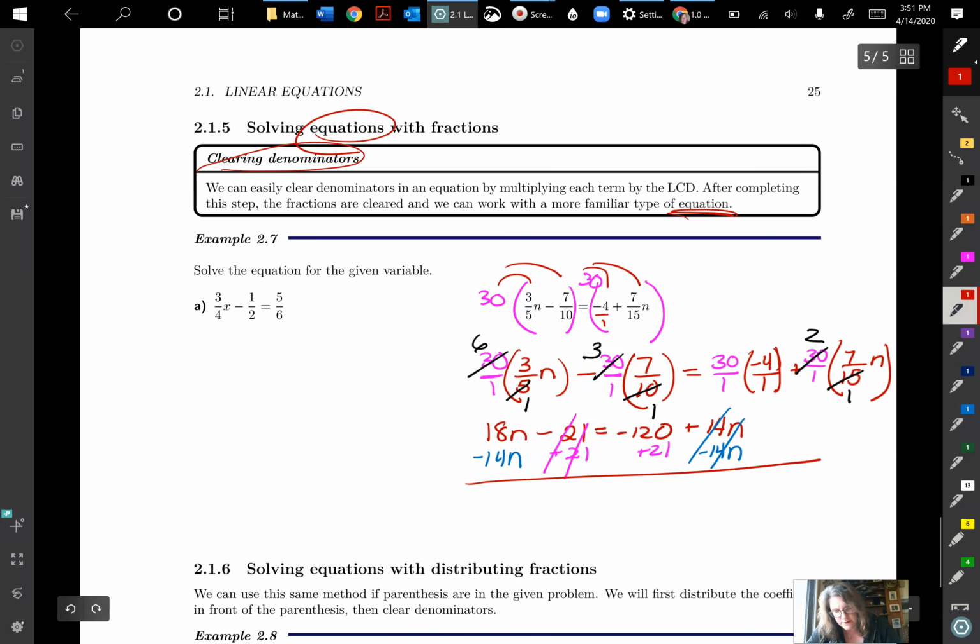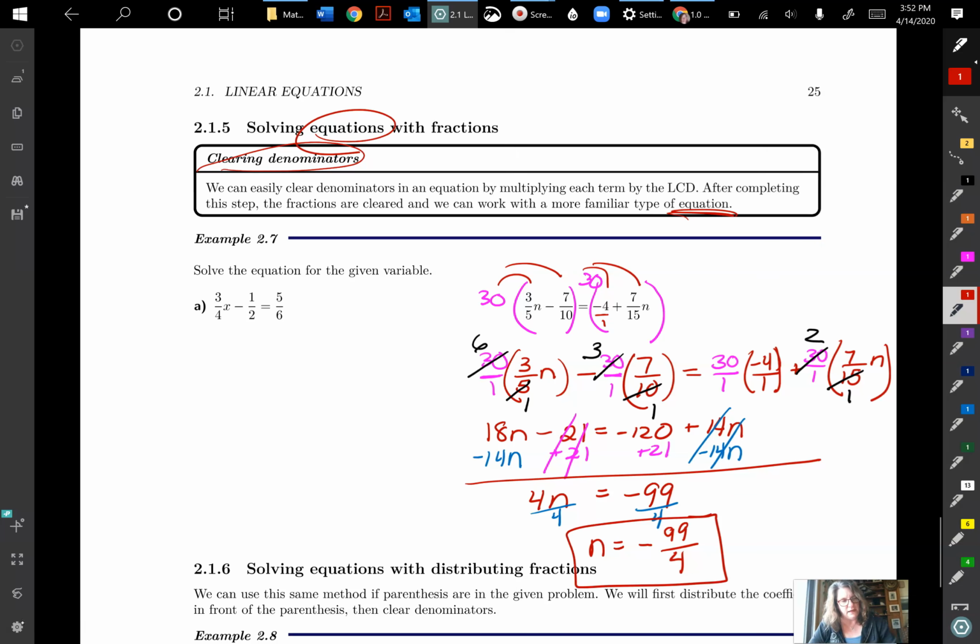So now I have 18n minus 14n is going to be 4n equals the negative 120 plus 21 is negative 99. Divide both sides by 4. And I end up with n equals negative 99 over 4. And just leave it that way. And that's your answer for B. Told you that one was kind of long.